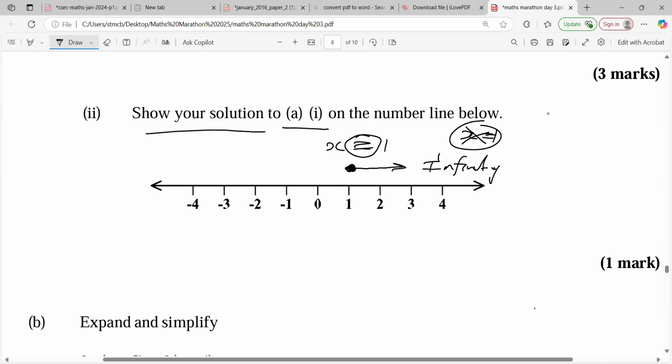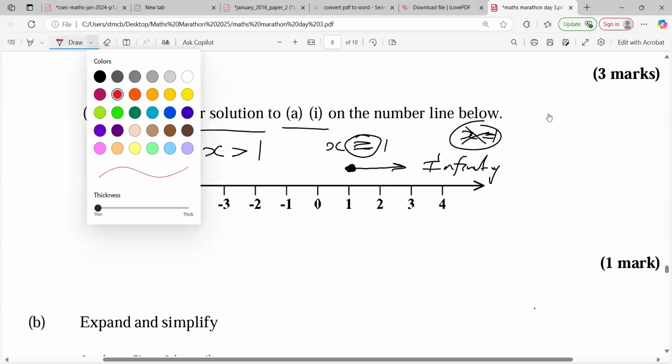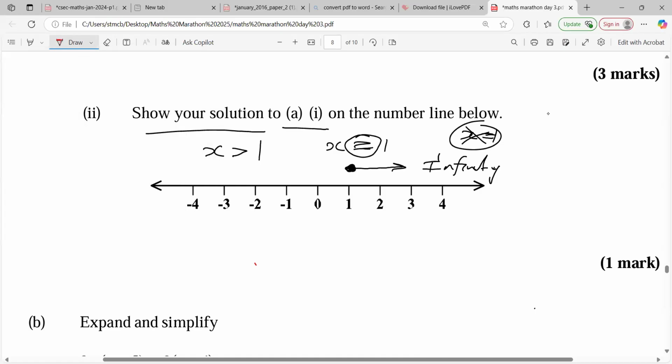Now let's say, for example, x is greater than 1. We start at the 1 the same way. We demonstrate it on the number line. We do something like this. It's supposed to be open. Sometimes they will give you this graph. You have to know the difference between when it is full like this and when it is open like this. When it is open, it is greater than or less than 1, so that means we do not include the number in the solution.